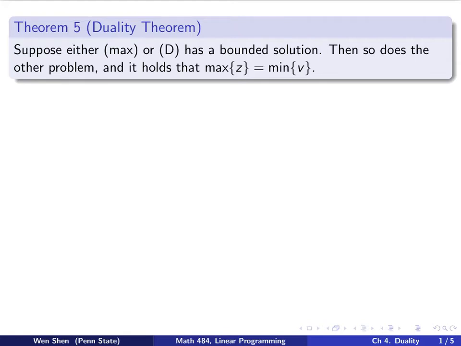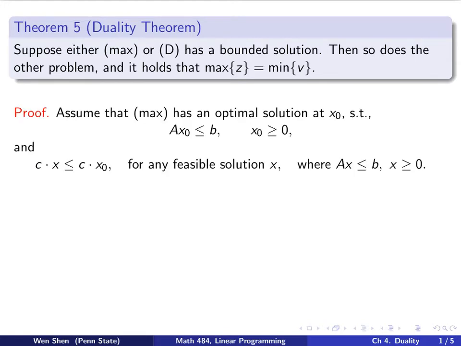Let's look at a proof. Okay, so we now prove part 1 of the statement. As I just said, we assume that the max problem has a solution, and then we will show the rest of the statement.